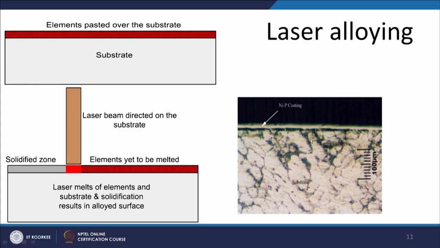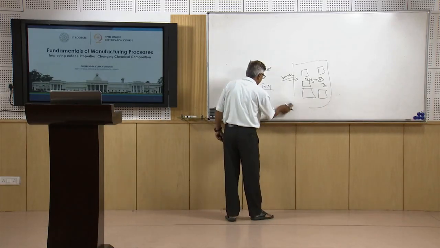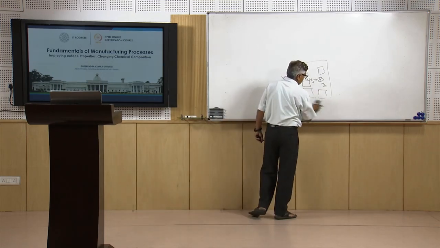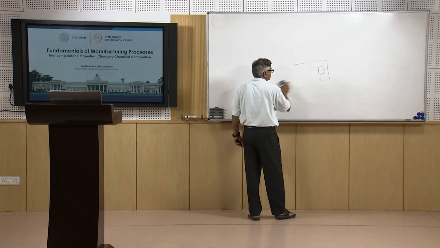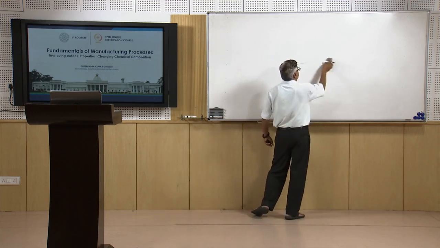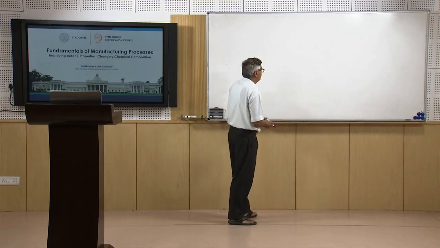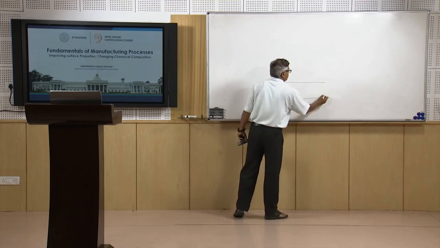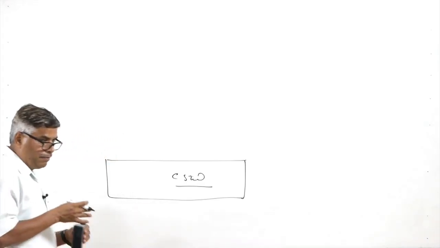Laser alloying is another method where the surface composition is modified for alloying purposes. The general approach is the pre-placement method, and the constituent we want to add is identified as per the requirement, like in carbon steel.